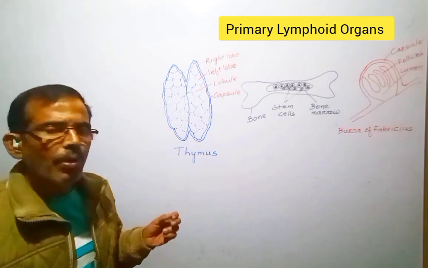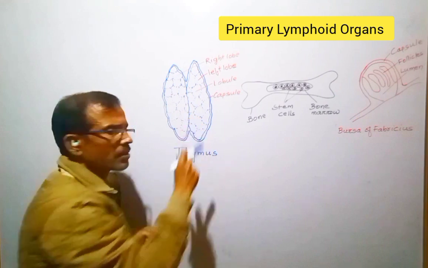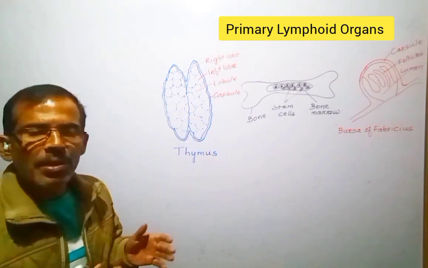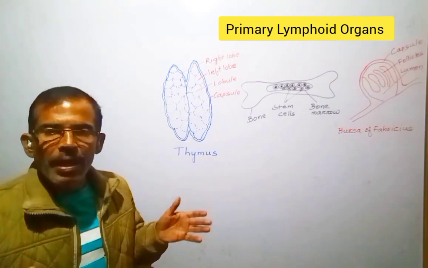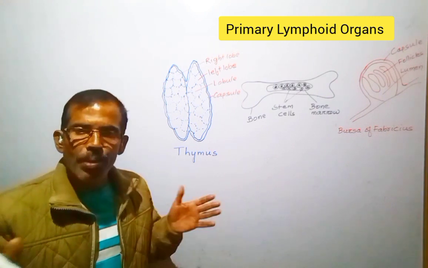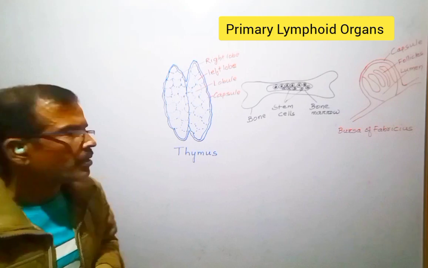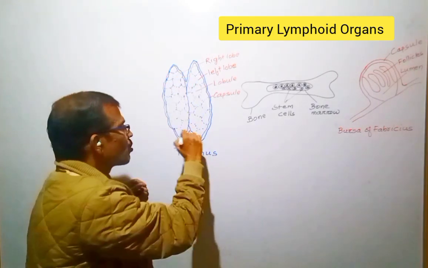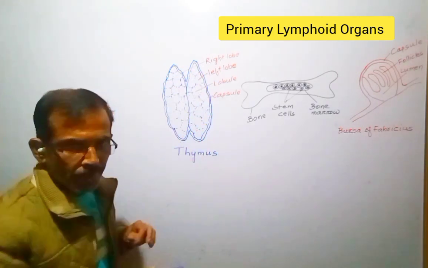Another primary lymphoid organ is thymus. In human beings, thymus is bilobed and is located just behind the top of the sternum below the thyroid gland. Thymus is enclosed by a fibrous capsule.